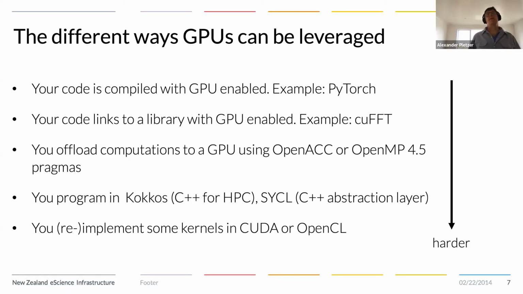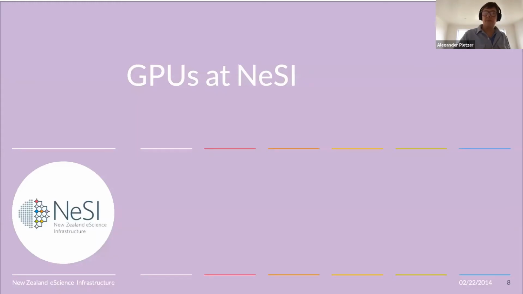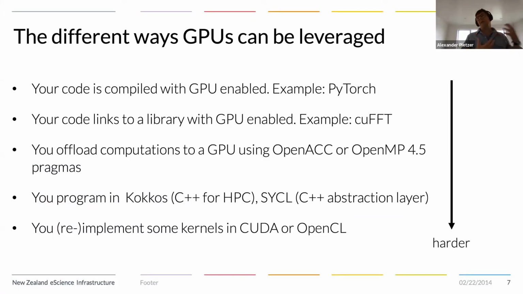Number 3, you decide that you're very happy with the CPU, but there are some parts of your code that run like a dog and are slow, and you identify those as being ideal for running on a GPU. If you identify the for loop that could benefit, then you could use OpenACC or OpenMP 4.5 to offload the computation from the CPU to the GPU.